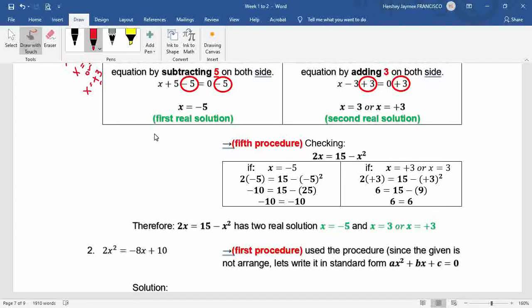Tulad rin nung sa ibang checking natin, yung iba pa nating nauna nating lesson, kunin mo yung original equation. Tapos, dito, sa original equation, isubstitute mo yung unang real root or real solution. X is equal to negative 5. So, 2, open and close parenthesis, ilalagay mo doon si negative 5, which is the value of your x.